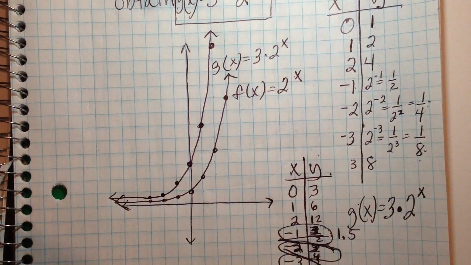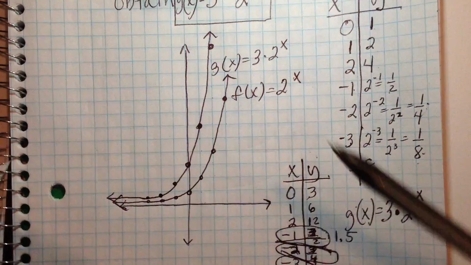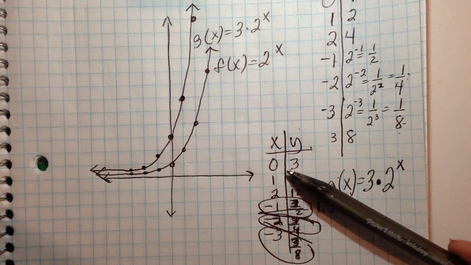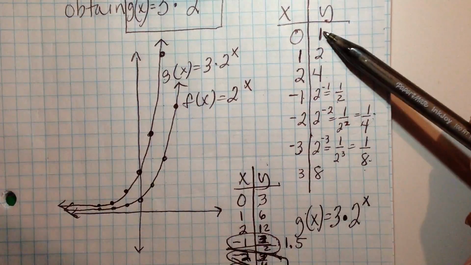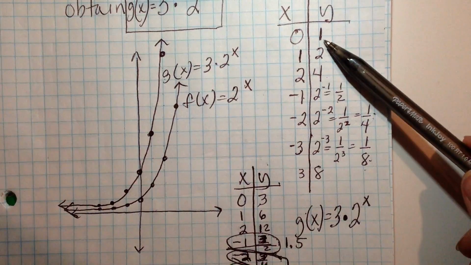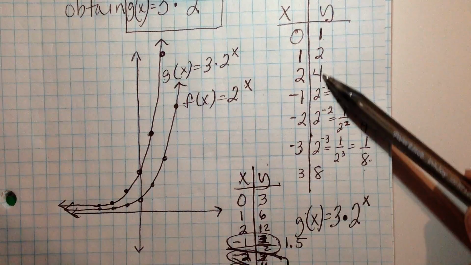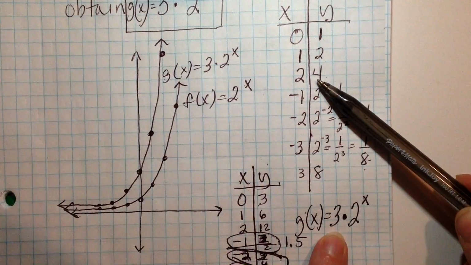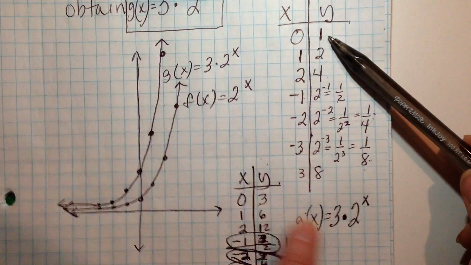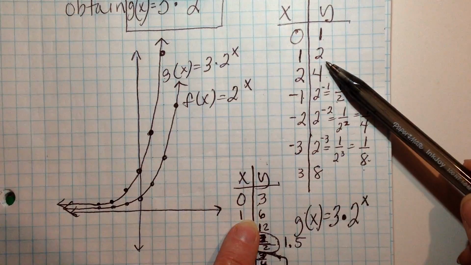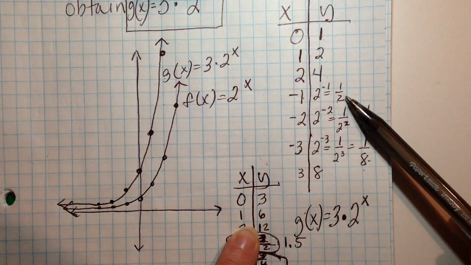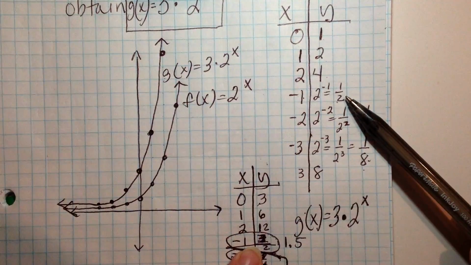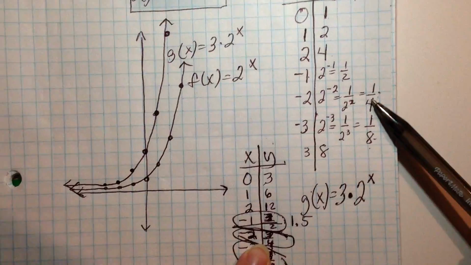So, to find a stretch and a shrink, you will always keep the same x's that you had in the original problem. And you will take all the y's that you found, and you will multiply each one of them individually by your scale factor 3. 3 times 1 gave me 3. 3 times 2 gave me 6. 3 times 4 gave me 12. 3 times a half was 3 halves, or 1.5. 3 times a fourth was 3/4.